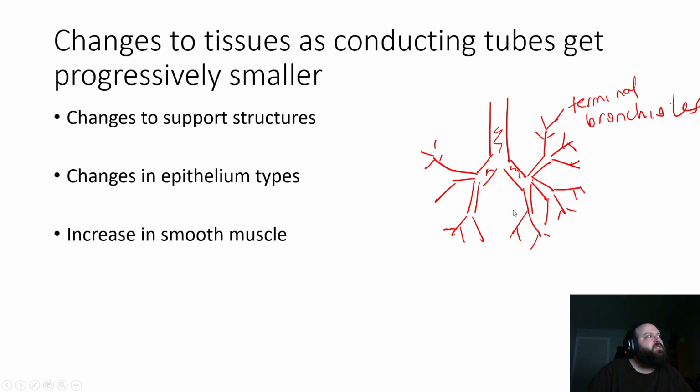I also want to note that there are transitions in epithelia type. Remember, the trachea is pseudostratified ciliated columnar epithelium. You'll probably see that in the bronchi as well. But as you start transitioning to the bronchioles, you see a transition from pseudostratified ciliated columnar to simple columnar, and then in the bronchioles, simple cuboidal. As these transitions in epithelia are happening, you're going to see a decrease in cilia and a decrease in mucus-producing cells.